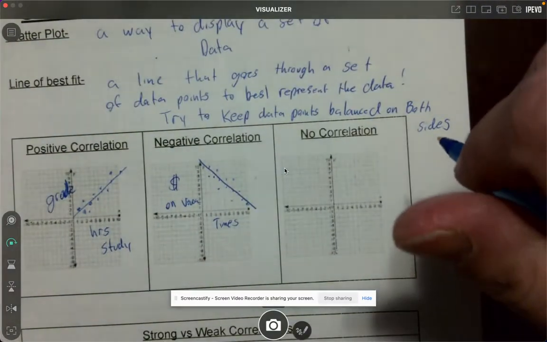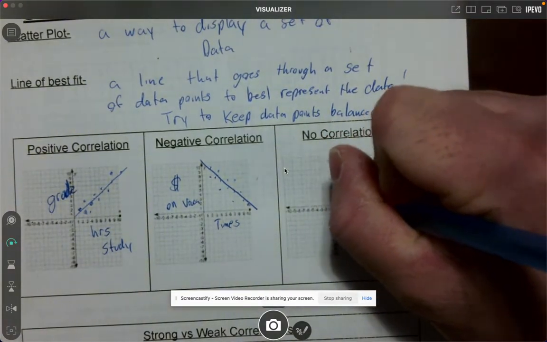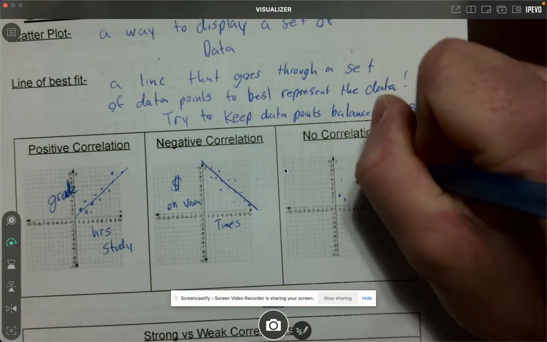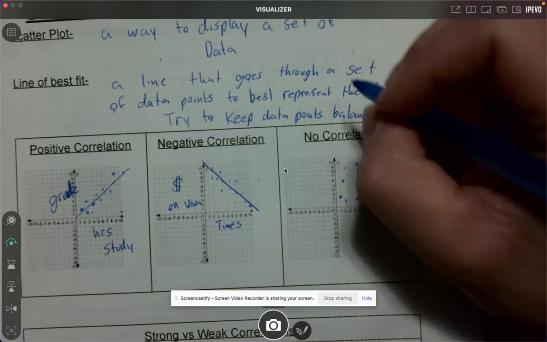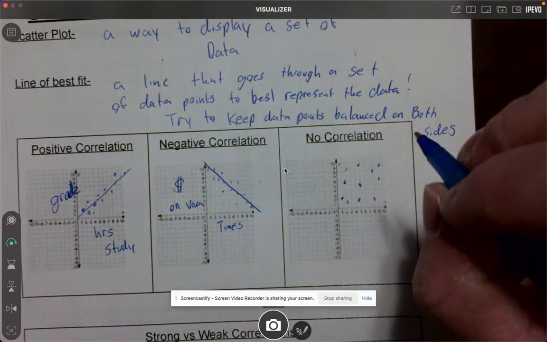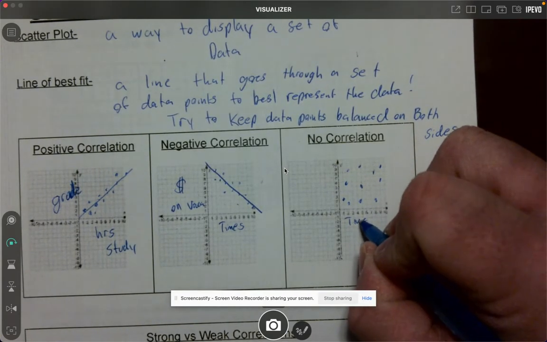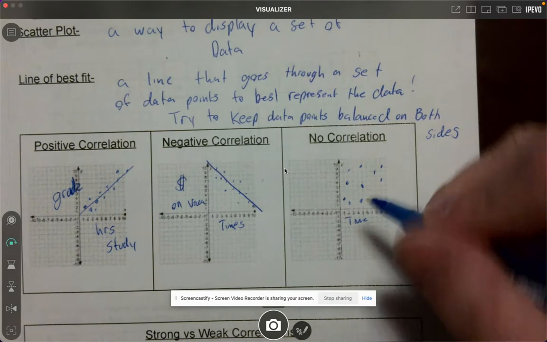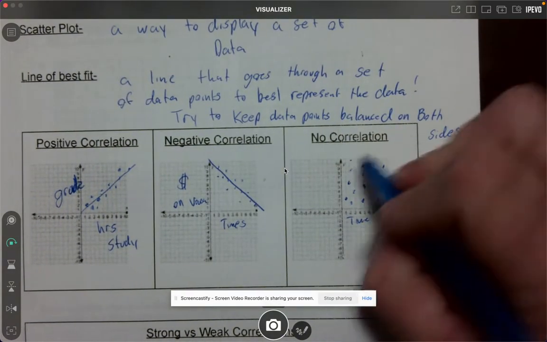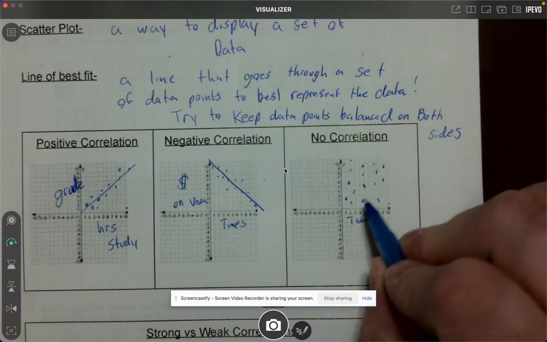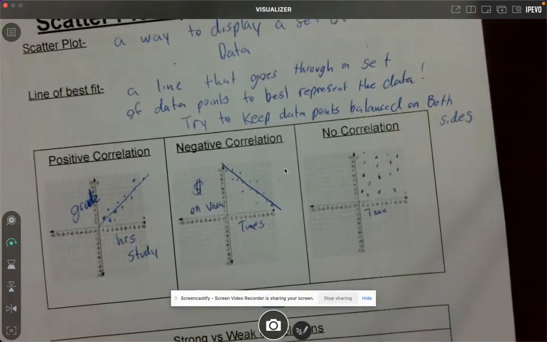So no correlation could just be anything really. You just have a bunch of data points and you can't really say if it's positive or negative. Maybe something to do with COVID, like the time of the month and when people are getting COVID. I don't know, maybe there just wouldn't be any correlation in that. So the data points are all over the place. You can't really say they're tightly together going upwards or downwards.